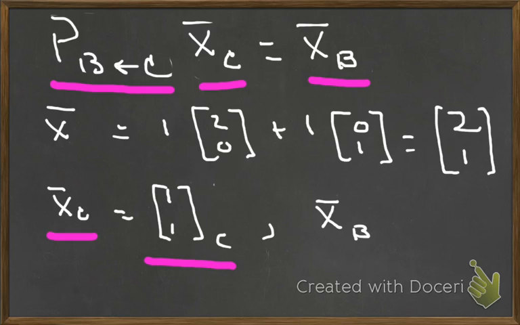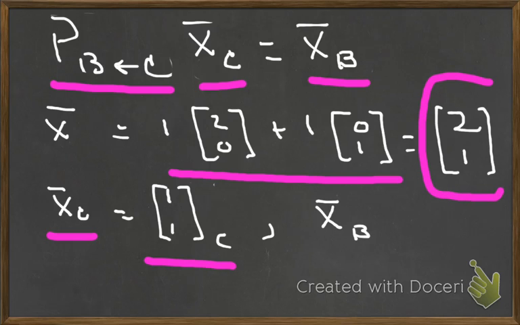That means these are the coordinates for the basis vectors in C. If we look up here, we can see what that vector looks like in terms of the standard basis, because we just make the linear combination. So 1 times (2, 0), which is the first basis vector in C, plus 1 times (0, 1), which is the second basis vector in C, gives us the vector (2, 1).